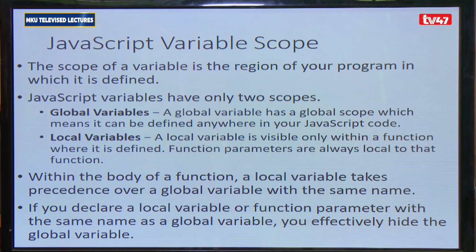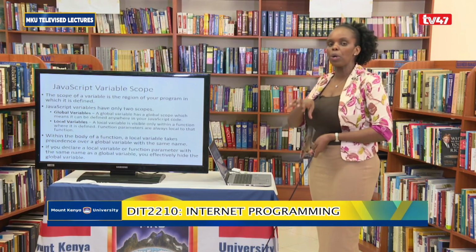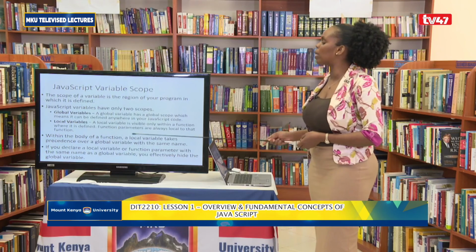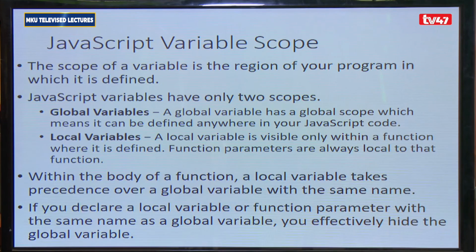So if it happens that you are referring to a similar variable that has already been defined as a global variable and is also defined as a local variable, the local variable will take precedence in a function compared to a global variable. Then if you declare a local variable or function parameter with the same name as a global variable, you effectively hide the global variable.